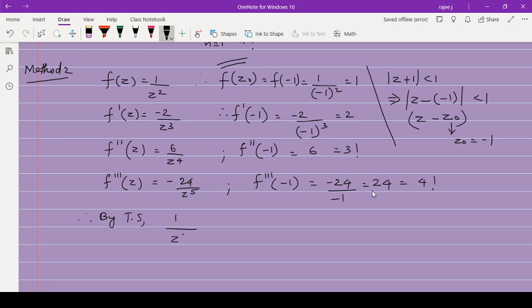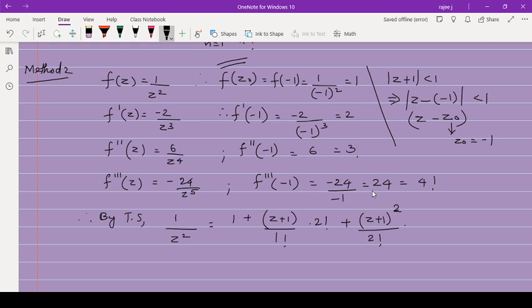1 upon z square is equal to f of z0. f of z0 means 1, this 1, plus (z minus z0). So z minus minus 1 means (z plus 1) by 1 factorial into f dash of z0, that is 2. 2 means 2 factorial I am writing, plus next is (z plus 1) the whole square divided by 2 factorial, and here it is f2 dash. f2 dash means 3 factorial.